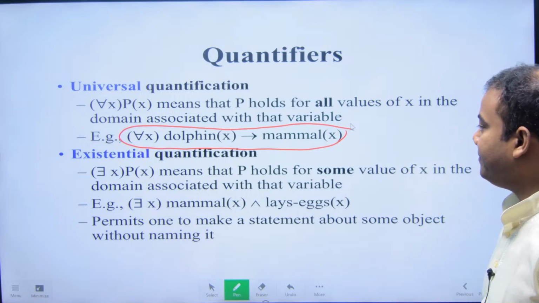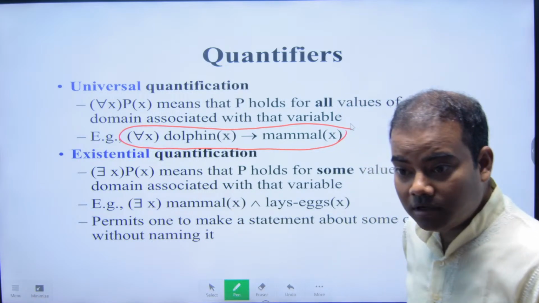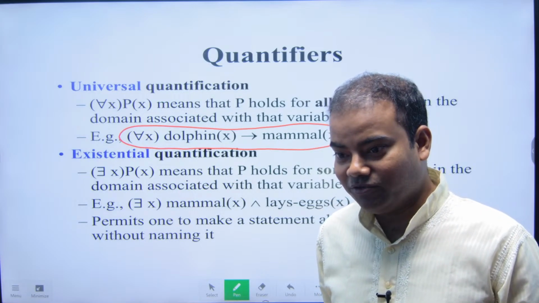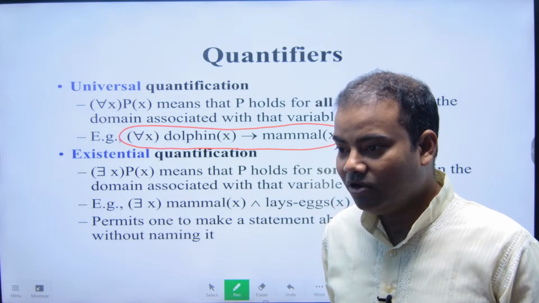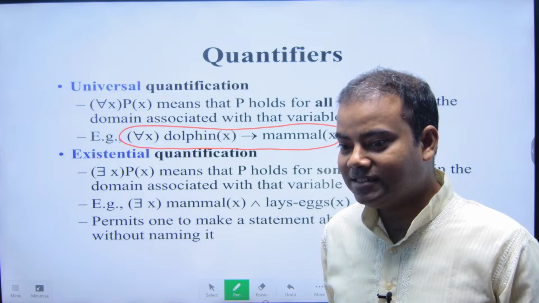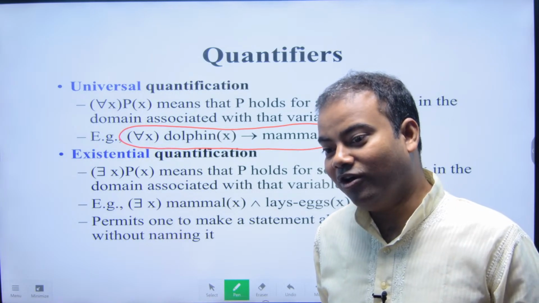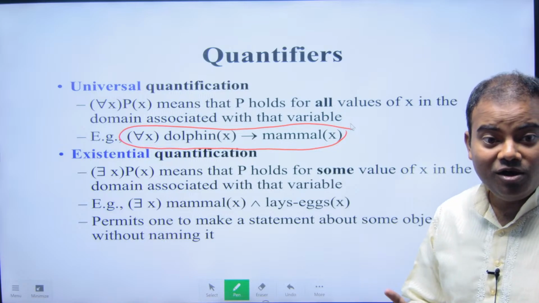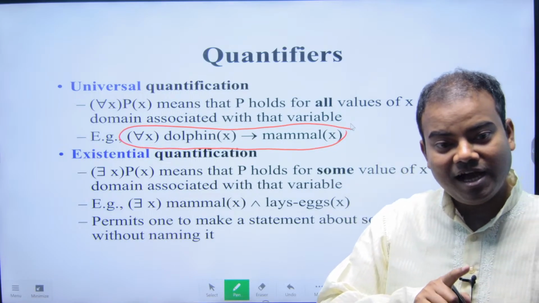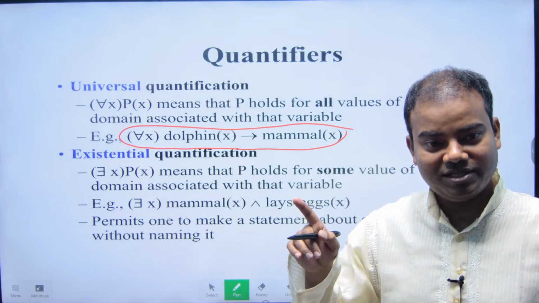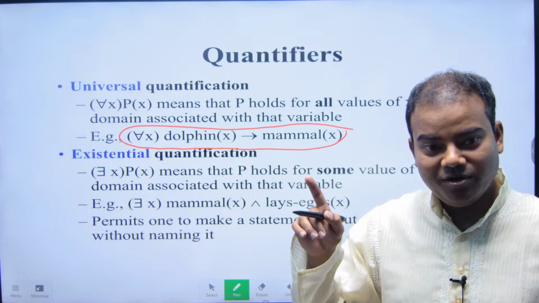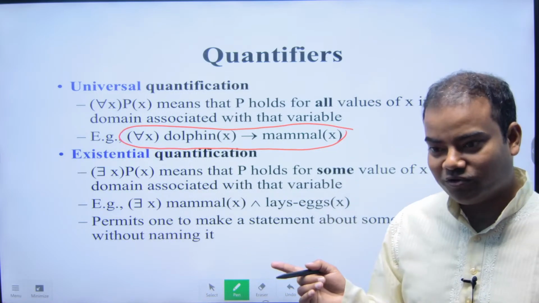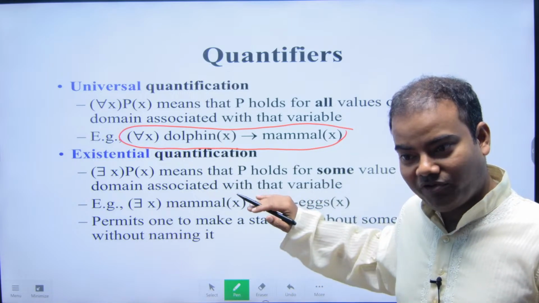Now the converse is not true. The contrapositive is true. What is the contrapositive? All non-mammals are non-dolphins. All non-mammals are always non-dolphins, meaning non-mammals cannot be dolphins. So actually that is also true. So that is the contrapositive of this statement.